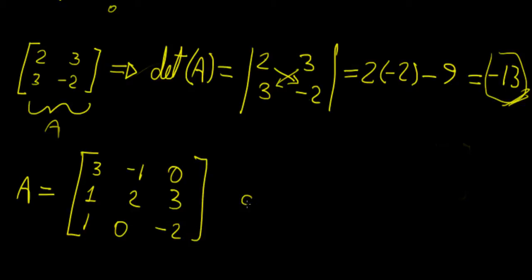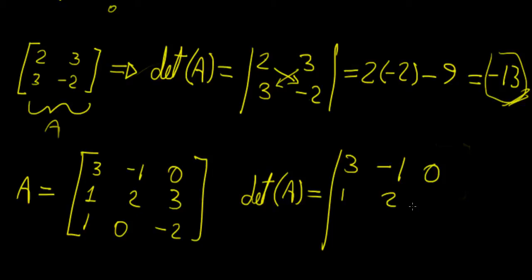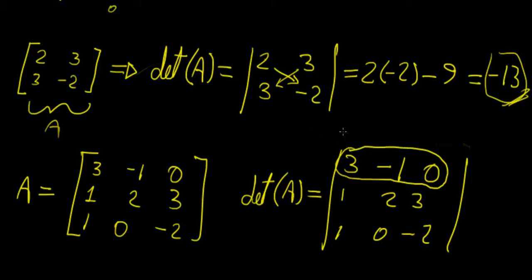To find the determinant of this, we're going to rewrite it. We know how to find the determinant of a 2 by 2 matrix, but how about a 3 by 3? We're going to take the first row, and now the first element. I'm going to draw this in a different color.